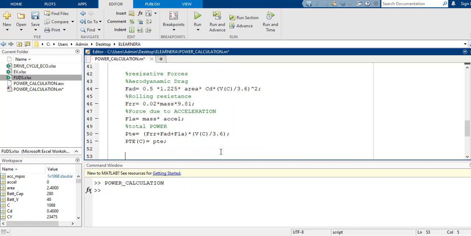Okay guys, then we have to find omega. Omega is equal to the gear ratio of our vehicle into velocity, that is VC divided by 3.6.